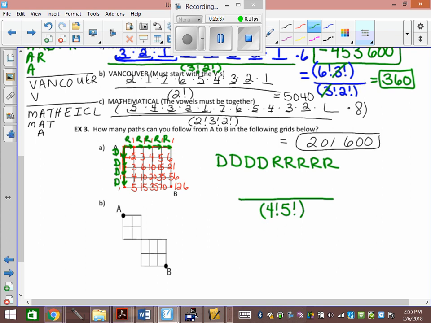And what do I do on the top? I just pretend that they're all different, correct? So how many letters do I have? 9. So I'd go 9 times 8 times 7 times 6 times 5 times 4 times 3 times 2 times 1. Or what is that? 9 factorial. Divide those out. 126.